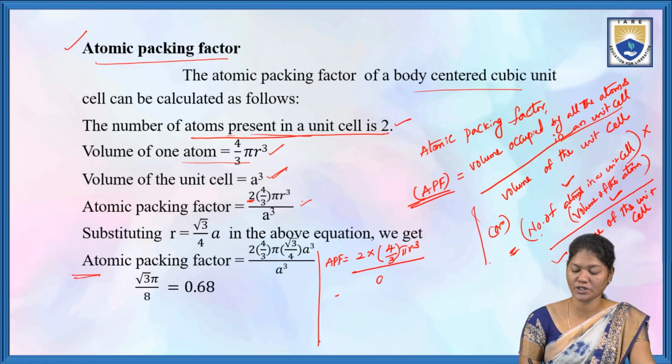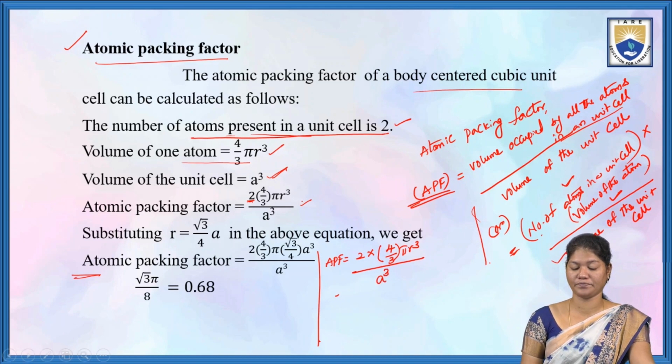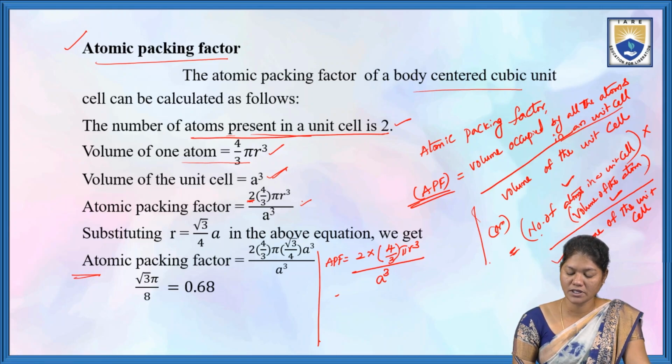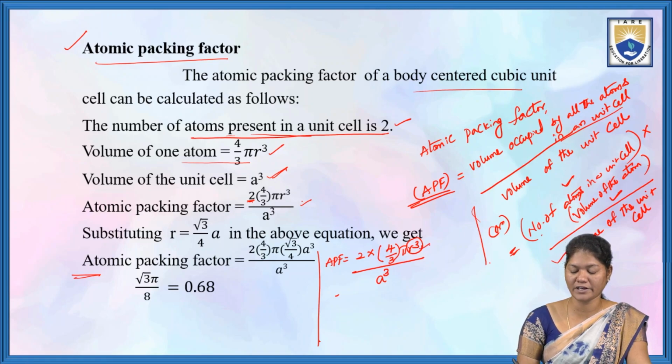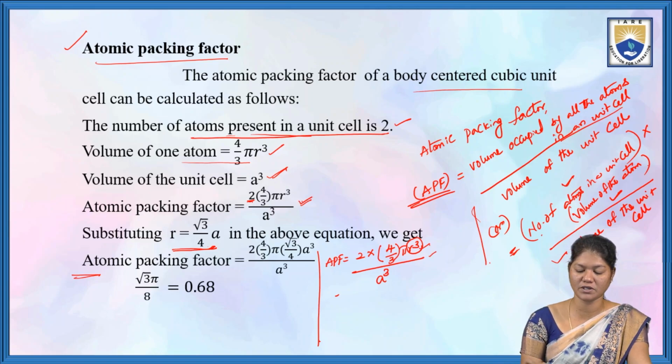So the volume of the unit cell is a cube. Okay. So as we calculated the r value, we got r is equal to root 3 by 4 a. This r value can be substituted in the atomic packing factor, that is in the above equation.